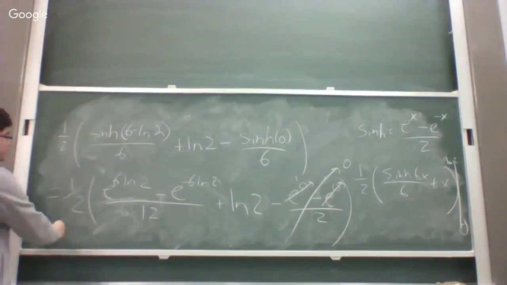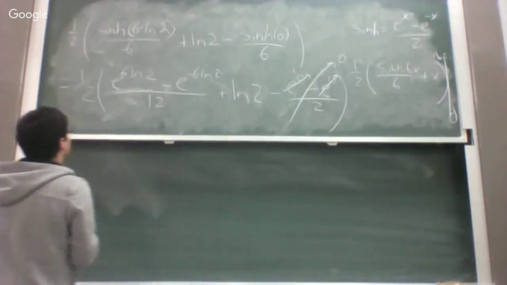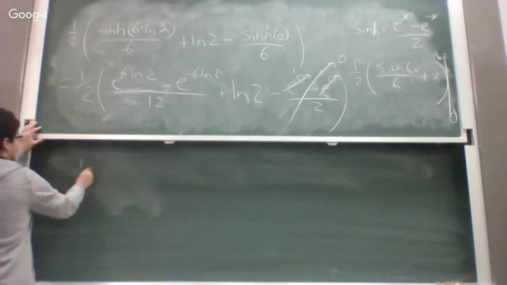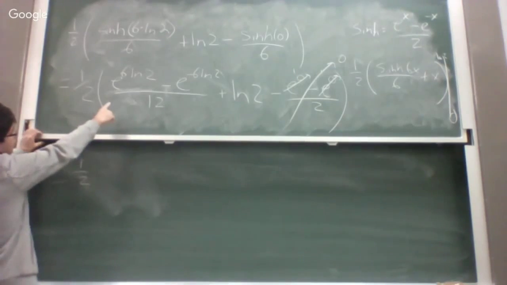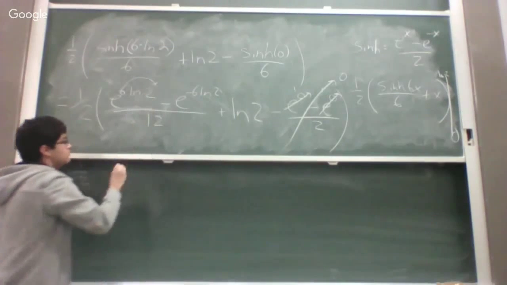Good. We are left with that big equation. So we have 1/2. So this would be 2 to the 6th.